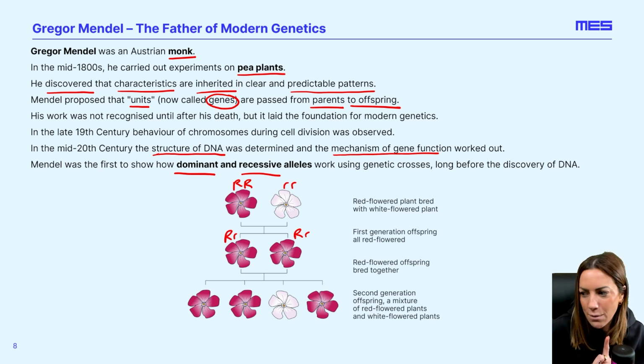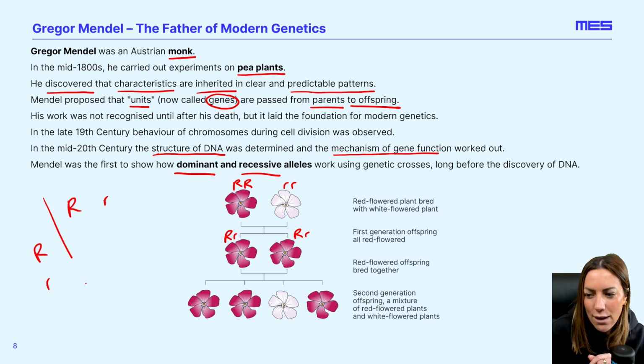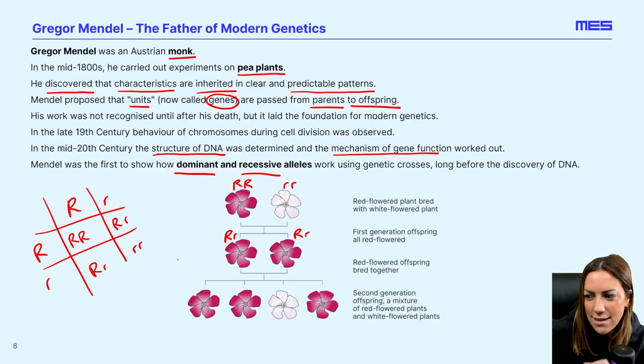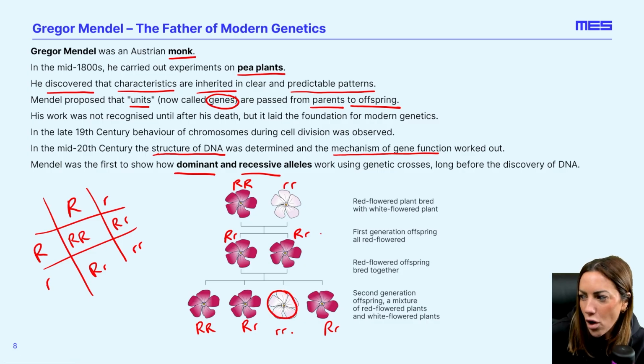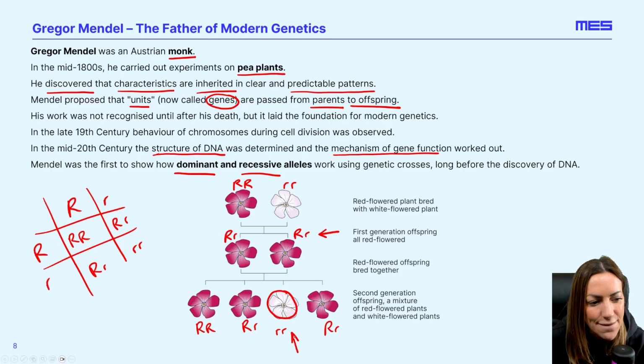Then when he crossed those plants, I'll do a little Punnett square at the side so you can see the possible outcomes, he noticed that some of them were red, and some of them were white. So he noticed that if you cross two parents that are heterozygous, or have a dominant and a recessive allele, then you'll start to see offspring with the recessive trait in that next generation.